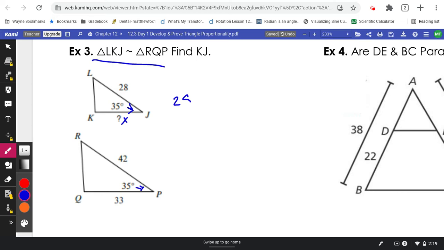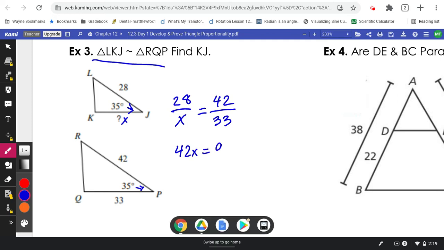If I put 28 over x, 28 has to match up with the 42. Okay, meanwhile, the x matches up with the 33. From here, we cross multiply 42x, and then 28 times 33 is 924. We divide by that 42, and we get x equals 22.